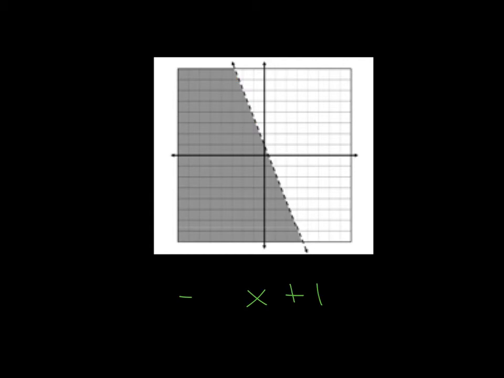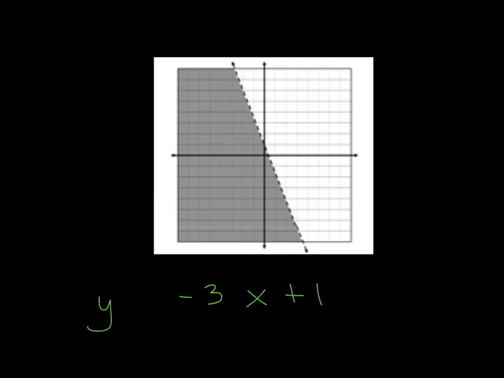So if I start on 1, I have to go down 1, 2, 3, and over 1 to get back on my graph. That makes my slope -3 over 1, which is the same thing as -3.